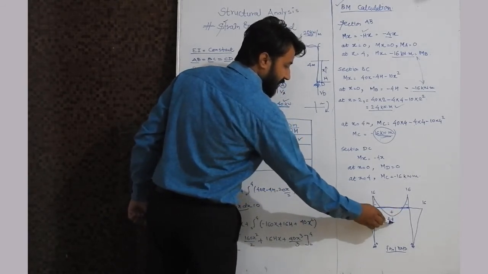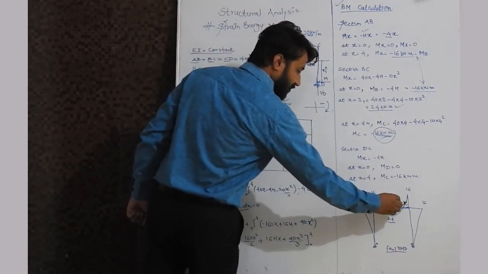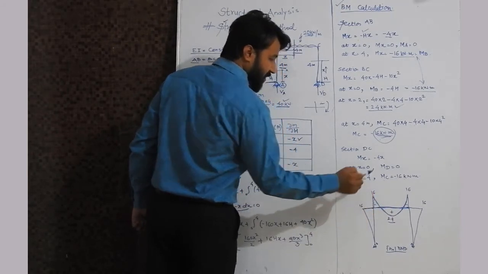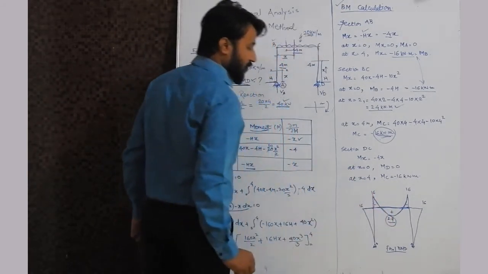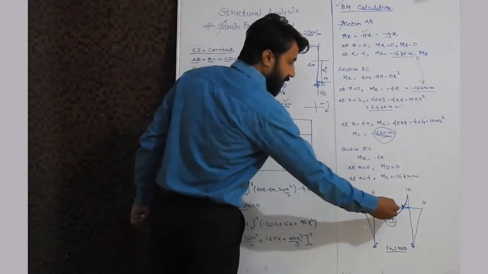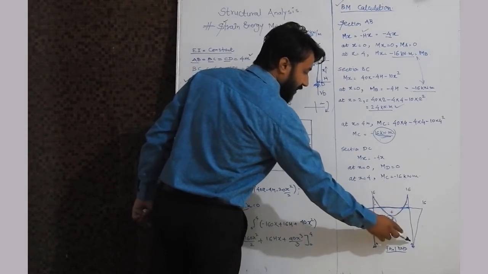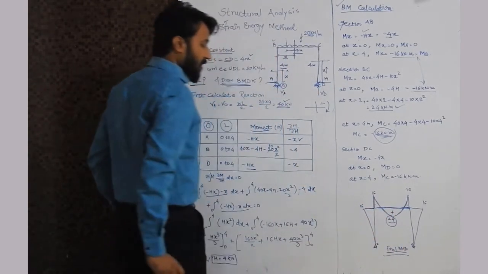And at the center this is 24 kilonewton meter, so we will draw a second degree curve, a parabolic shape, to show this 24 kilonewton meter positive bending moment. Now at C minus 16 kilonewton meter moment is there, and at D 0 moment is there. So this is the final bending moment diagram we have drawn.